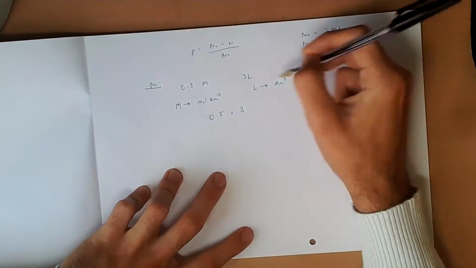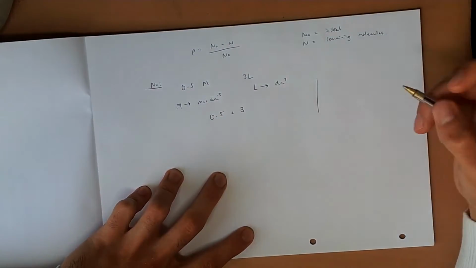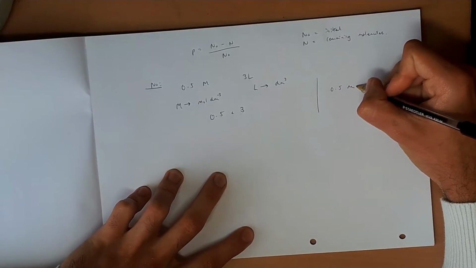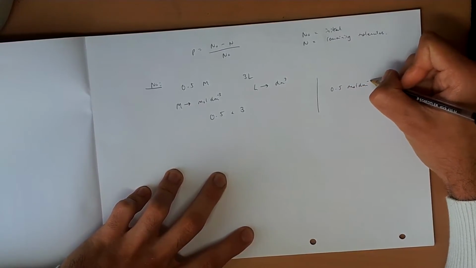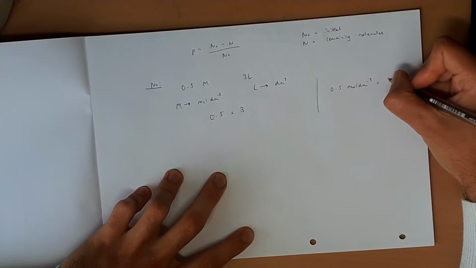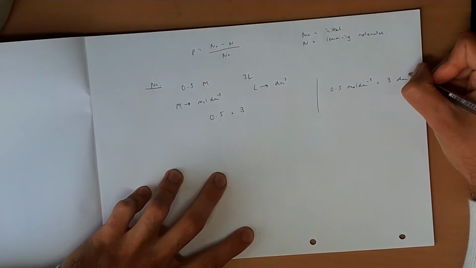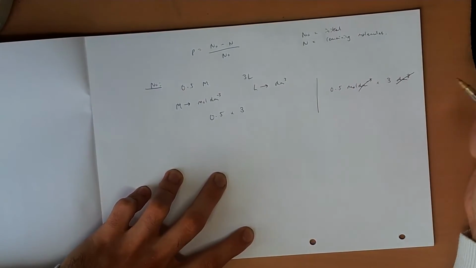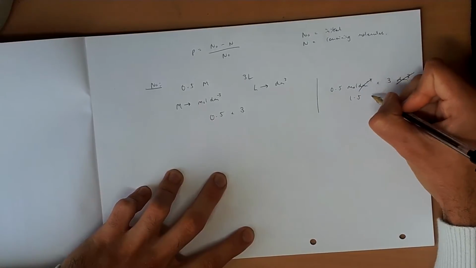If you consider the units, it's 0.5 moles per decimeter cubed times 3 decimeter cubed. We see the minus 3 and the 3 cancel out, and so we do have 1.5 moles.